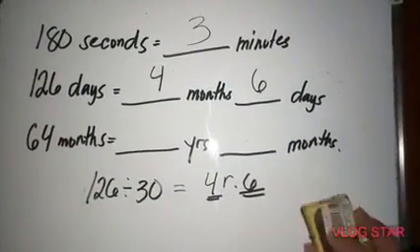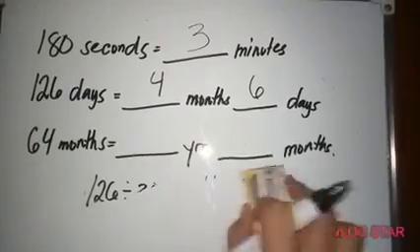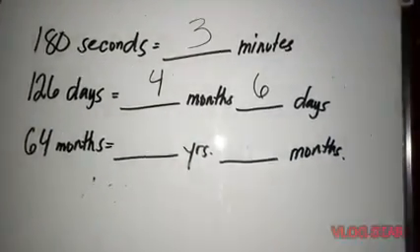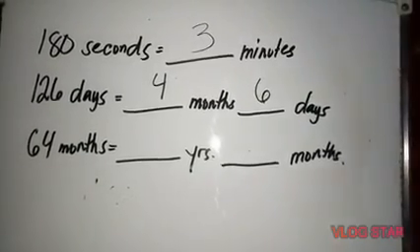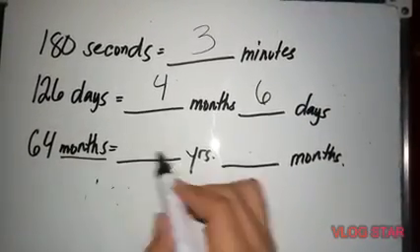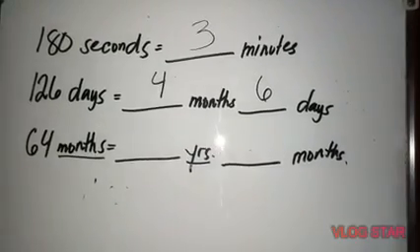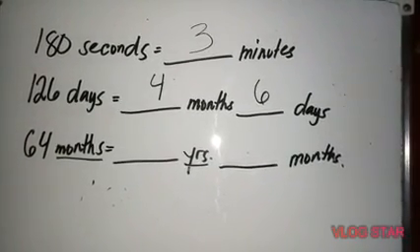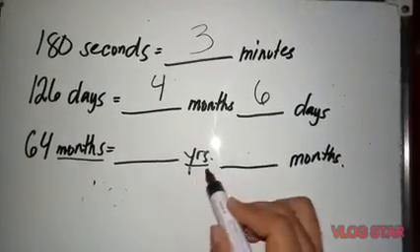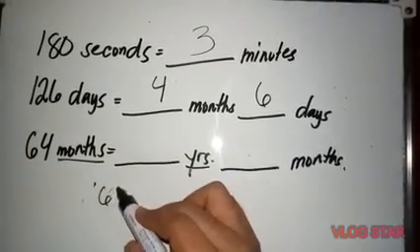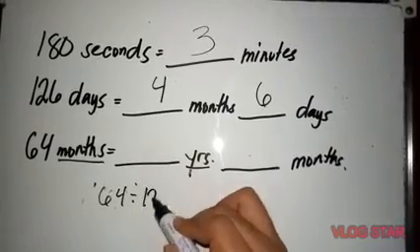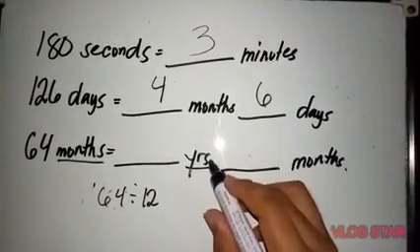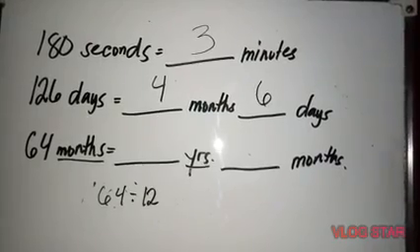Next is 64 months. How many years and how many months? So for 64 months, in a year there are 12 months. So to get the number of years, just divide 64 by 12, since 12 months is 1 year.